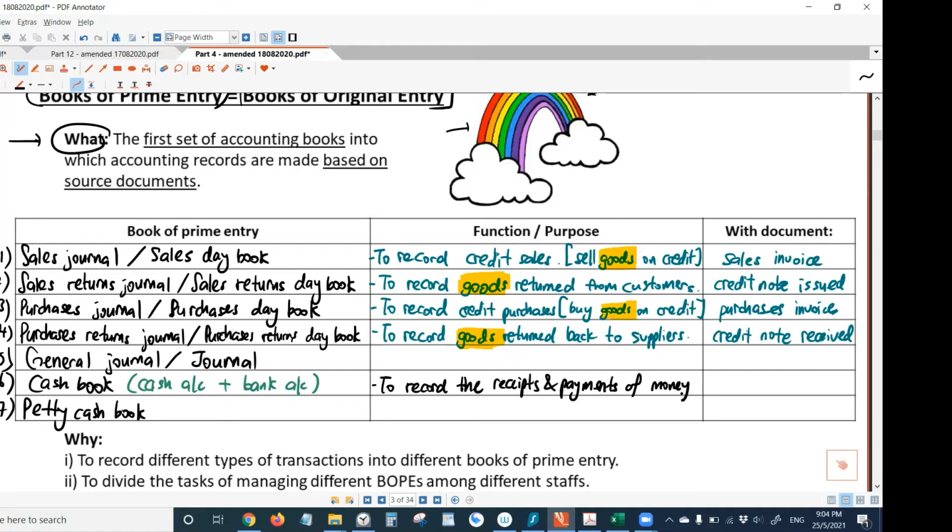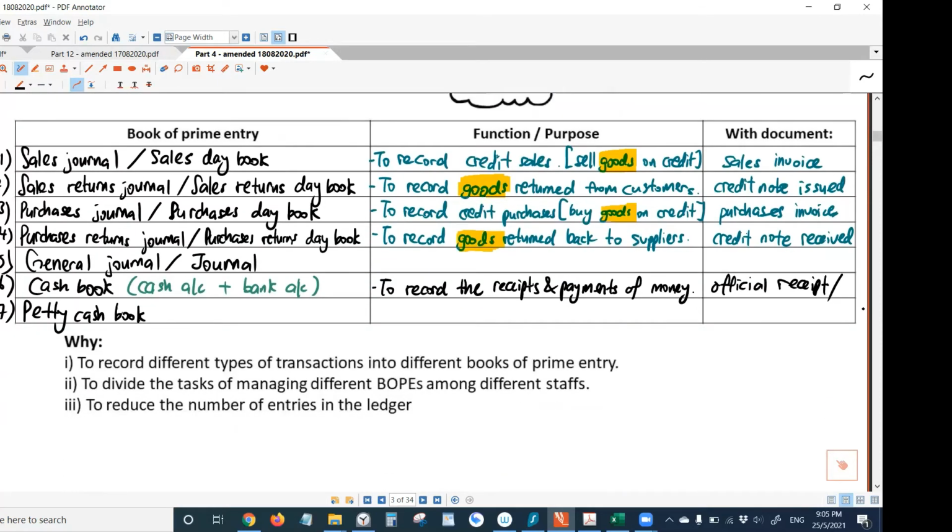It means that whenever you receive money or you make payment of money, you always record it into the cash book. The document involved, write down with me: official receipt, then draw an arrow to outside the table.